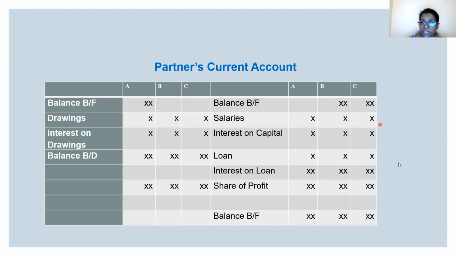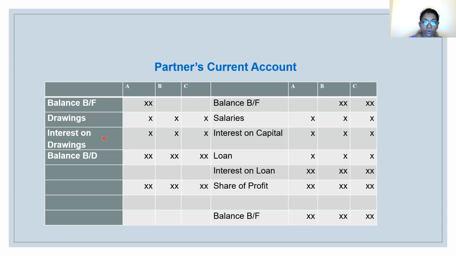Even though we have a lot of credit entries, we have debit entries as well. The first one is drawings. When they make money drawings or goods drawings, both are debited to the partner's current account. Based on this, their capital will be reduced according to the value of the drawings.